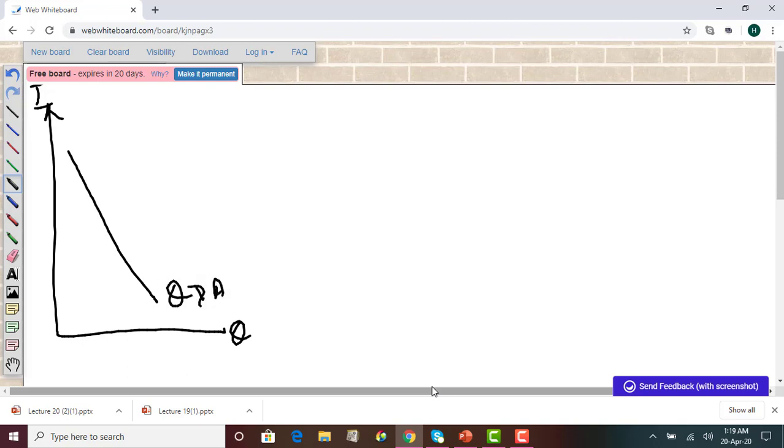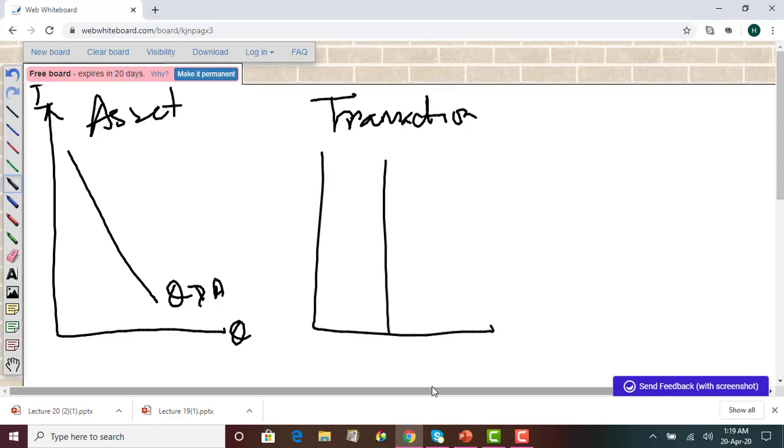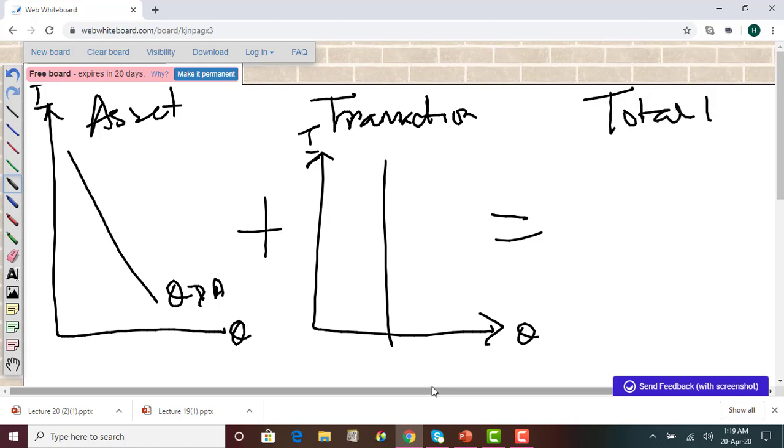This is the asset demand curve, and we know that we have another one called transaction demand, and it's a vertical line because it's not impacted by interest rate. Okay, and when we add these two, we get the total demand for money, which is actually a downward sloping curve, but it's less steep.